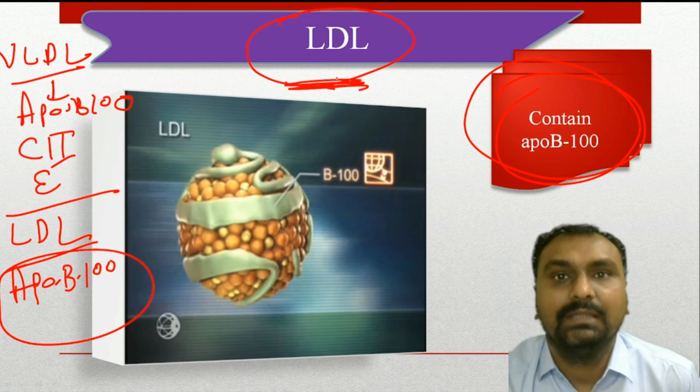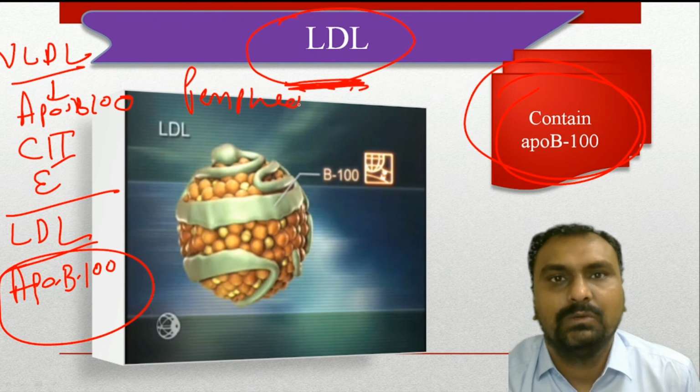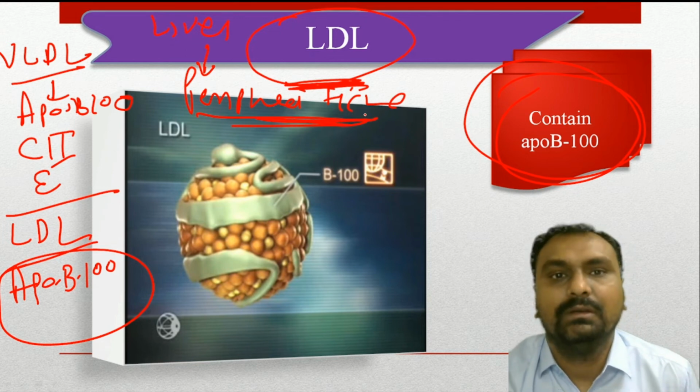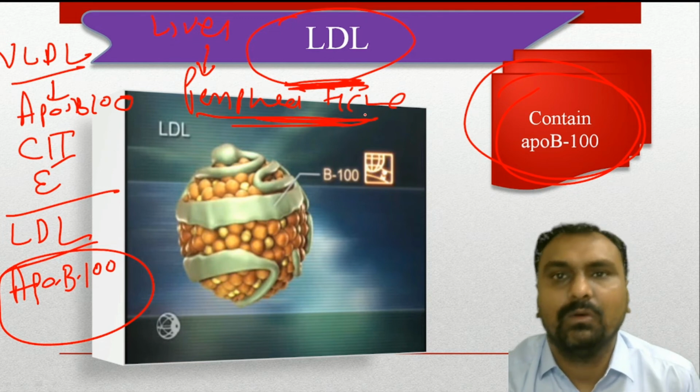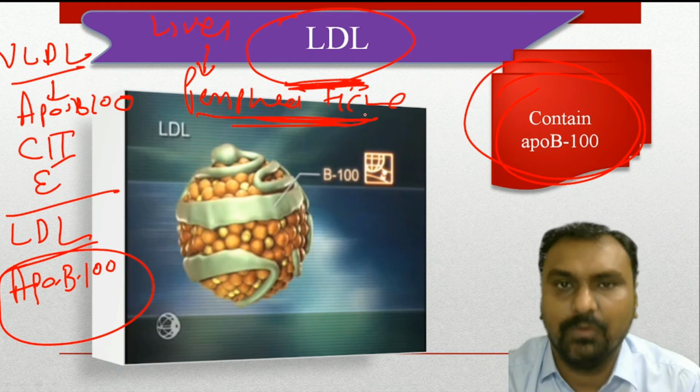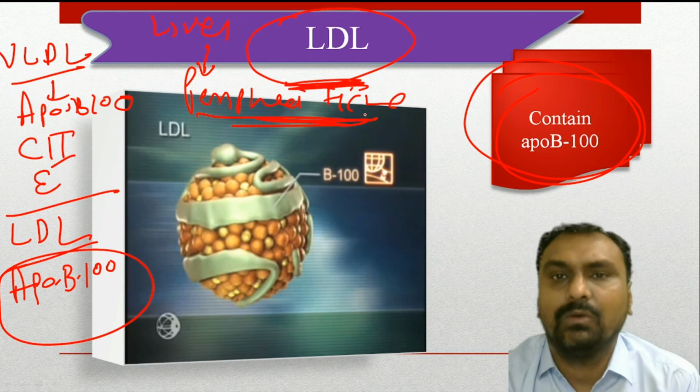And the role of LDL is that it will transport cholesterol from the liver to the peripheral tissue. It is very important for the transport of cholesterol to the peripheral tissues, like androgen organs, testes and ovary, where cholesterol is required to form sex hormones or steroid hormones, like aldosterone and cortisol.